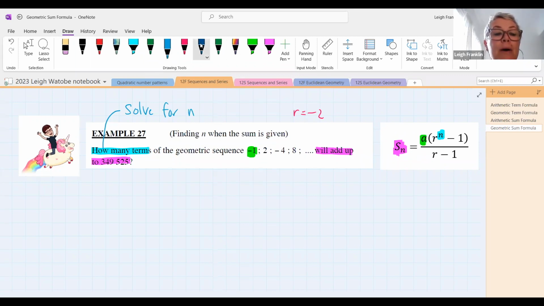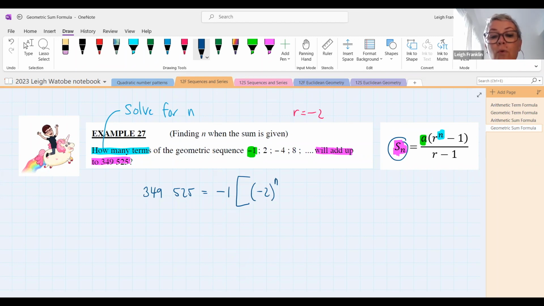So the number 349525 is our SN, is equal to A is -1, bracket, R is equal to -2.